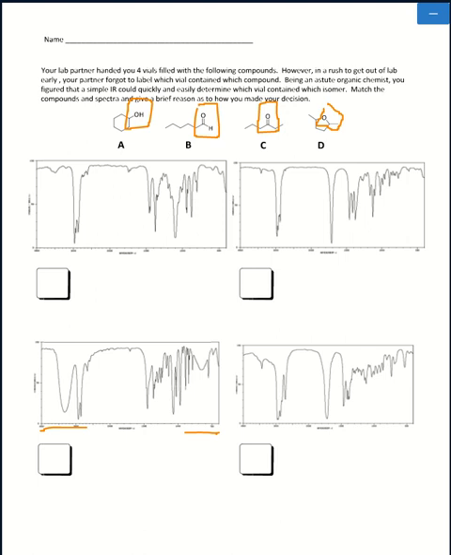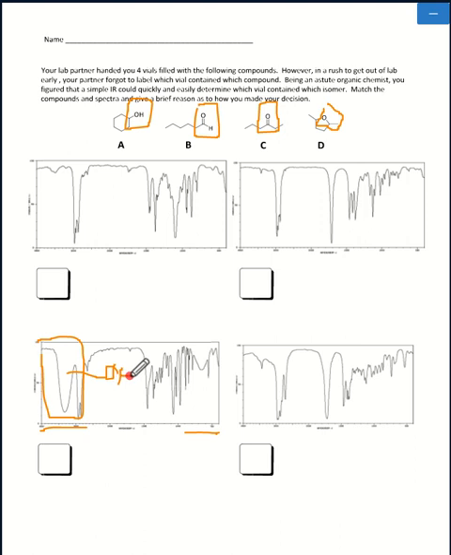Alcohol will show up as a very broad peak on the IR, and the only spectra that shows a very broad peak around 3,000 wave numbers, where an alcohol peak will show up, is in the bottom left spectra. Essentially this one right here would be the OH stretch.